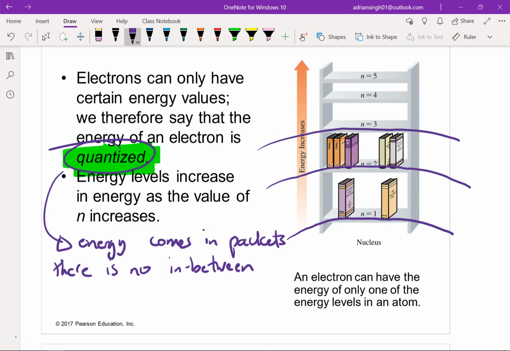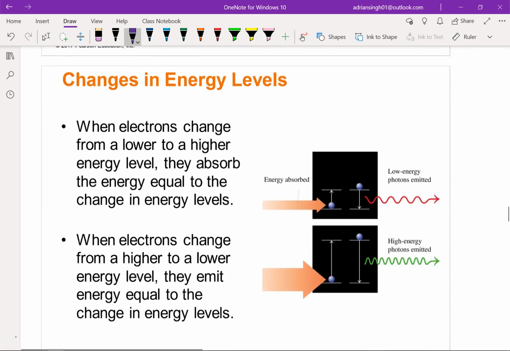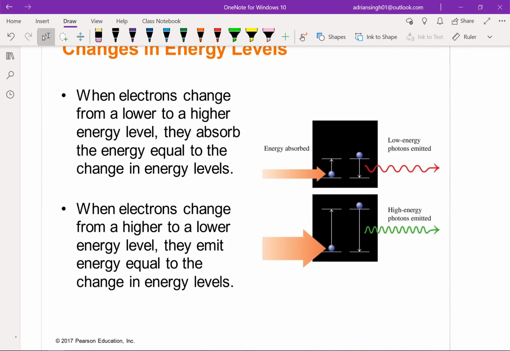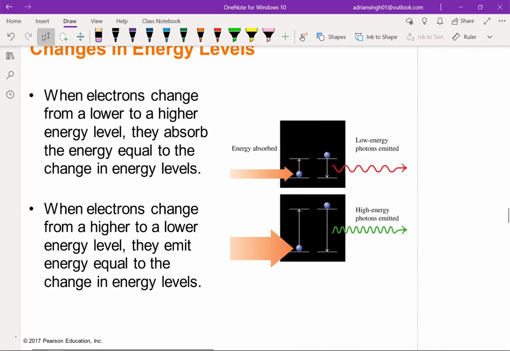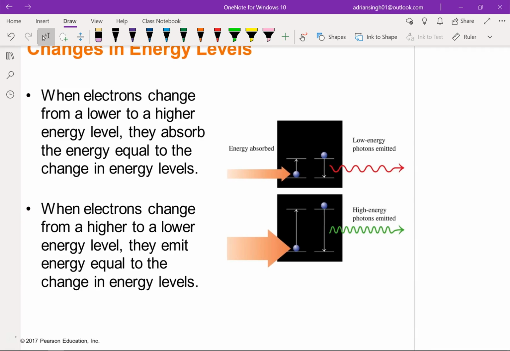So the electrons reside in these energy levels as you go further and further away from the nucleus. So when electrons change their energy levels from a lower to a higher energy level, they have to absorb energy in order to do that. All right, so if we provide some energy to an electron, and this is an electron right here, let me circle it.